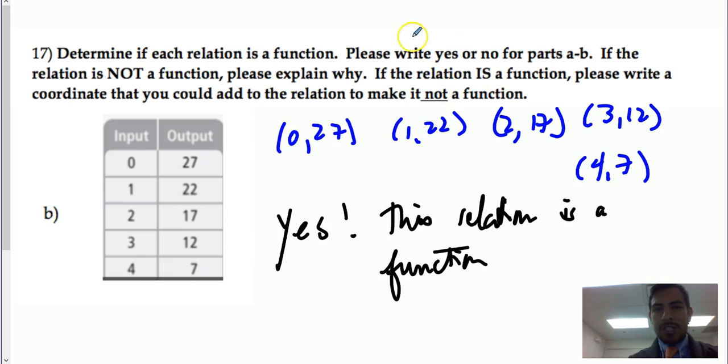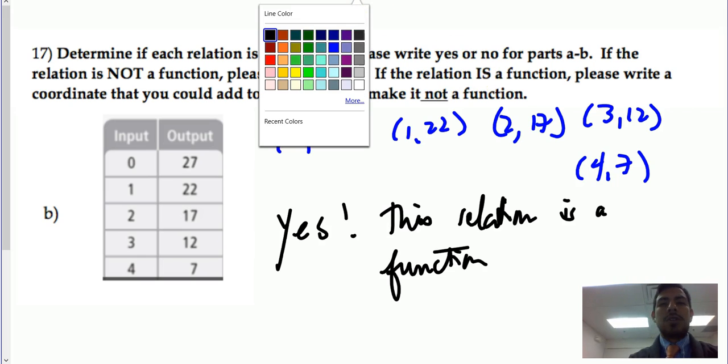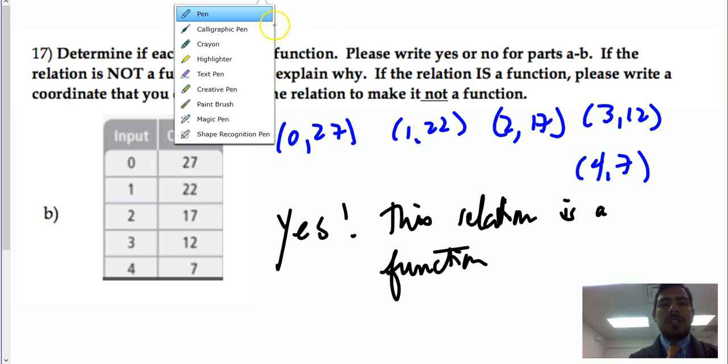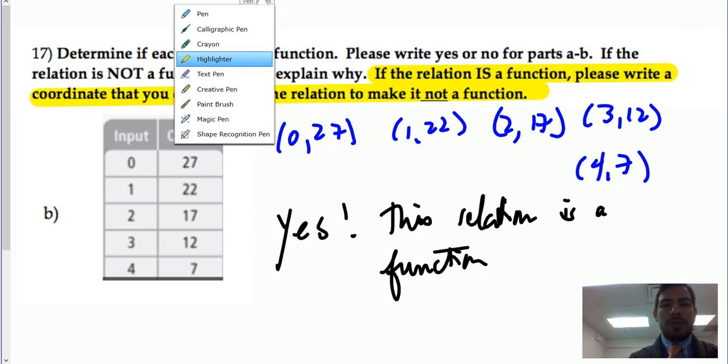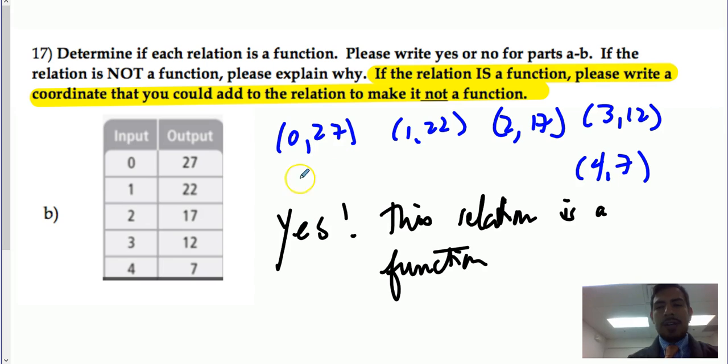Now, if the relation is a function, please make sure you are taking the time to read this. If the relation is a function, please write a coordinate that you could add to make it not a function. Well, lots of options here.